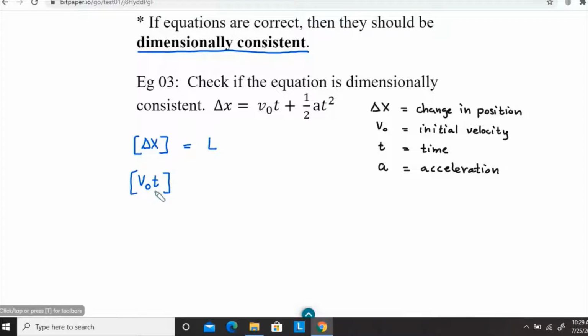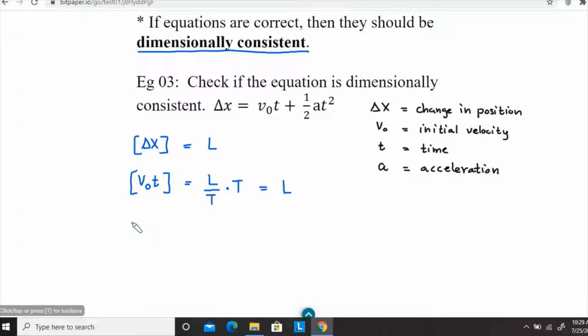V naught is a velocity. In the previous slide, we got the dimensions of velocity, so that's L over T. But we need to multiply this by time, so the dimension of time is T. You can see T and T cancel out in the numerator and in the denominator. So the result would be L.